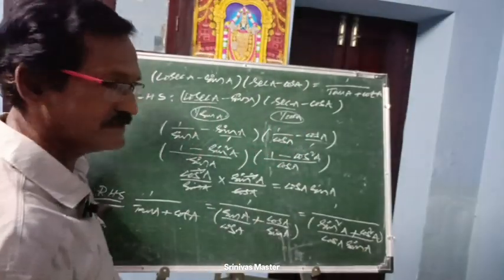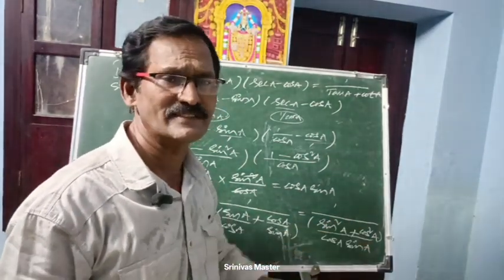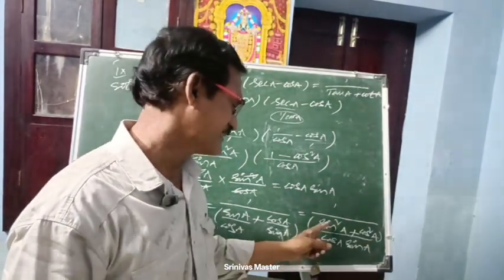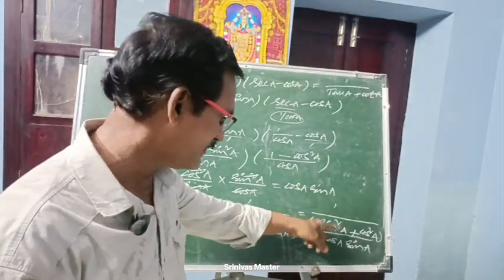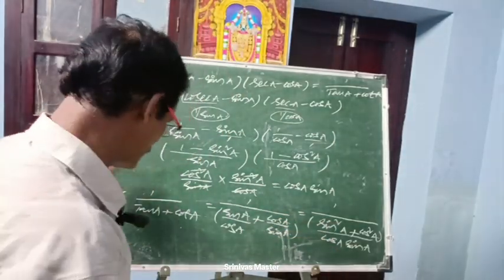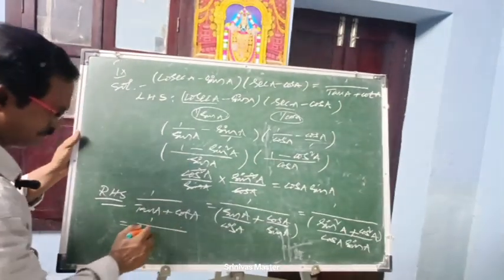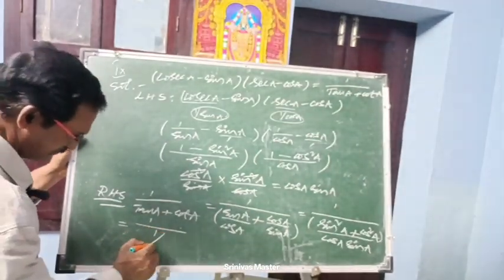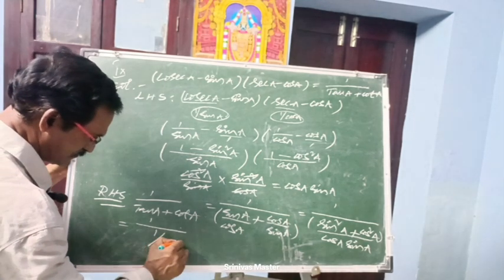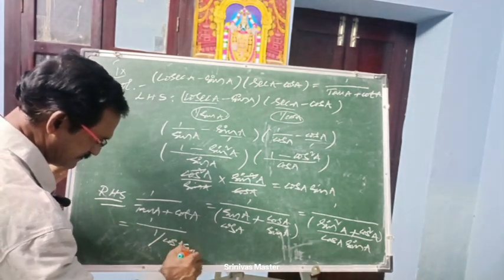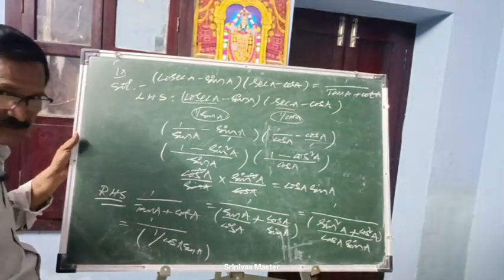Now you know that according to the first identity, sin square theta plus cos square theta equals 1. That means sin square A plus cos square A equals how much? 1. So 1 by (1 by cos A sin A). This is a complex fraction, you know that.